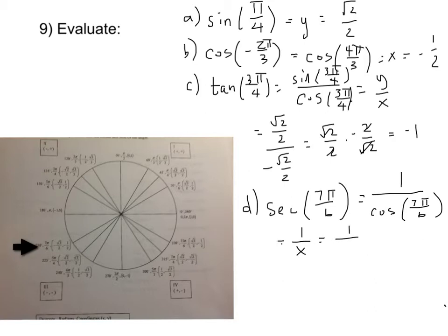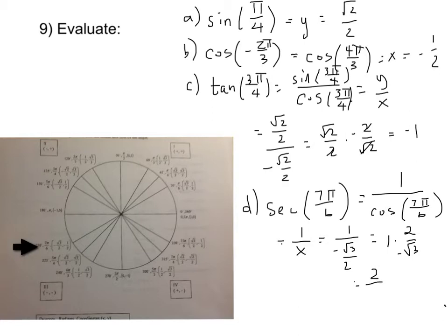So what we have is 1 over negative square root of 3 over 2. Again, we have a complex fraction, so we can multiply by the reciprocal. So 1 times 2 divided by negative square root of 3. And so now I have 2 over negative square root of 3.